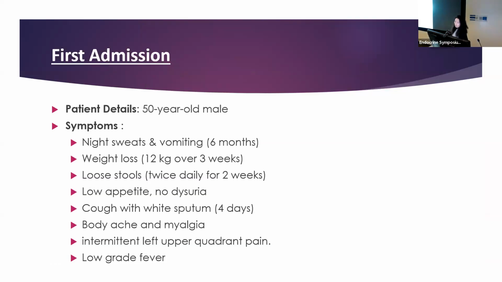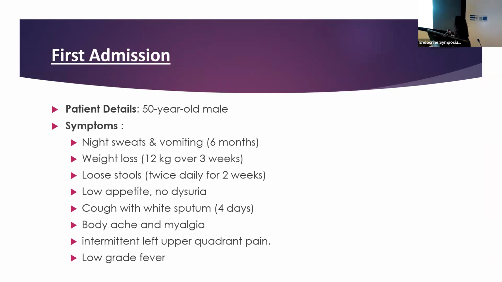So, a 50-year-old gentleman came with quite a lot of general symptoms: night sweats, weight loss, black stool, low appetite, some cough, body ache, intermittent left upper abdominal pain, and low-grade fever.